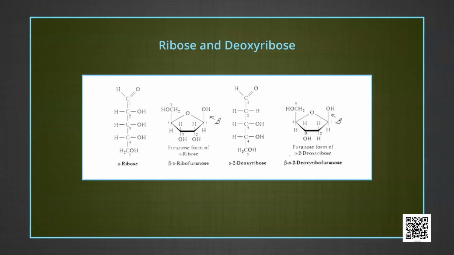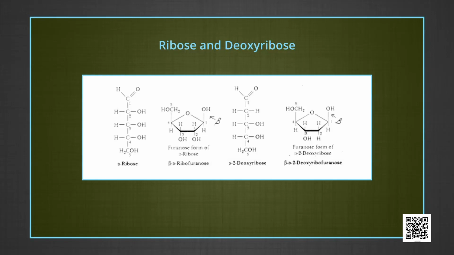Next example is pentose. Pentose has a chain of 5 carbon atoms. Their examples include ribose and deoxyribose. In the ribose, there are 5 carbon atoms in a chain. First carbon carrying the aldehyde group, second again H group and OH group, third is also similar to second, then fourth, then in the last fifth carbon carrying the alcoholic group, that is CH2OH.